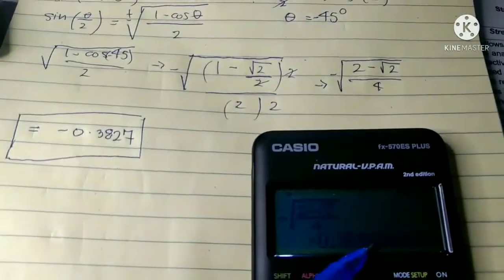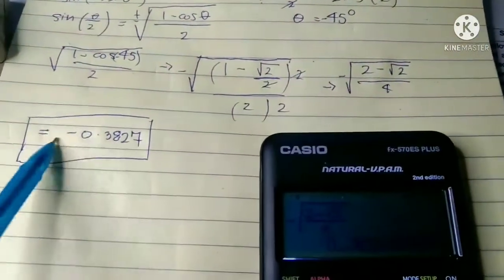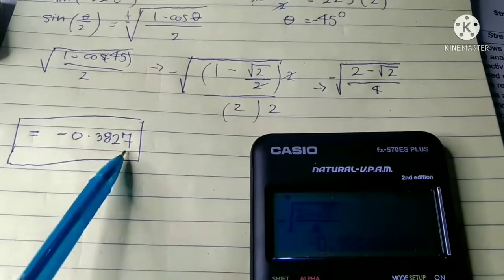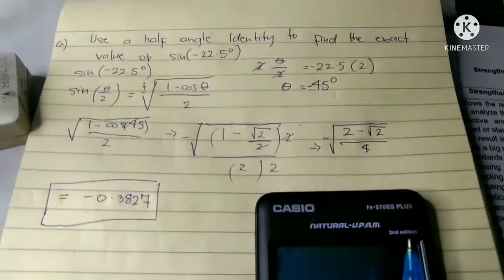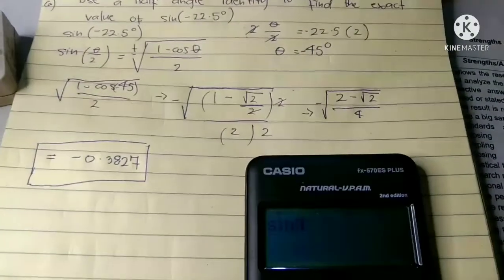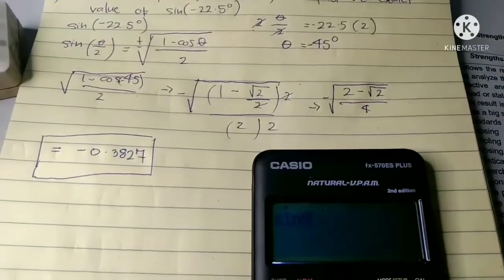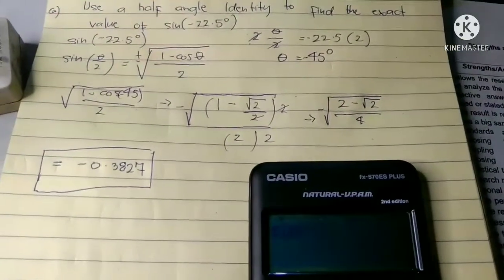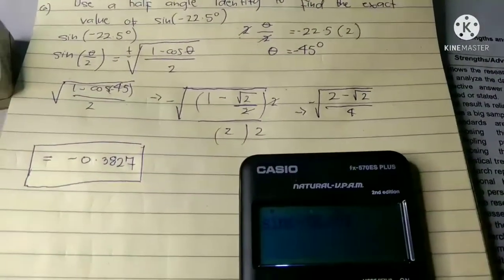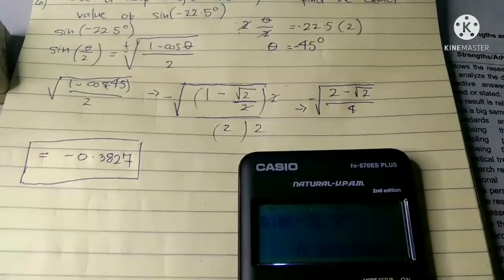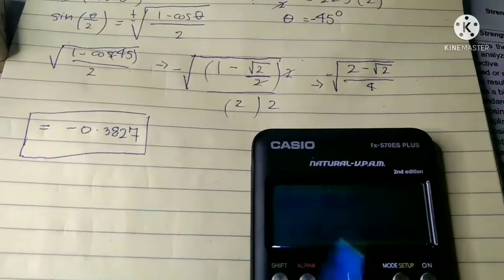If we round off, we will get negative 0.3827. If you want to check, you can do sine negative 22.5 degrees. As you can see, they have the same answer.